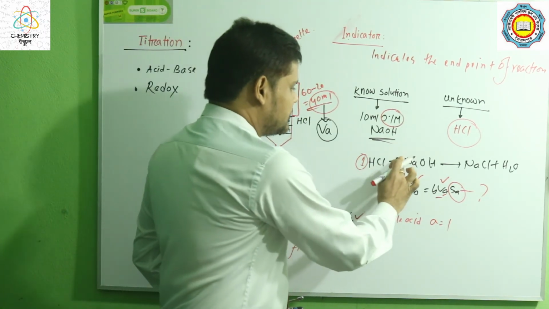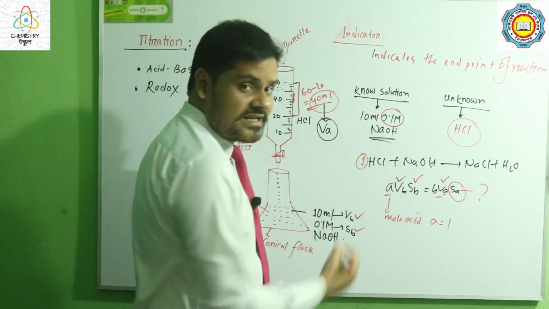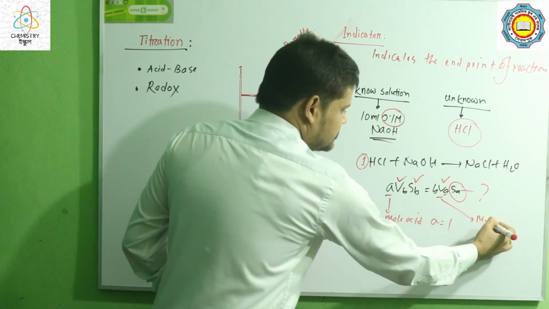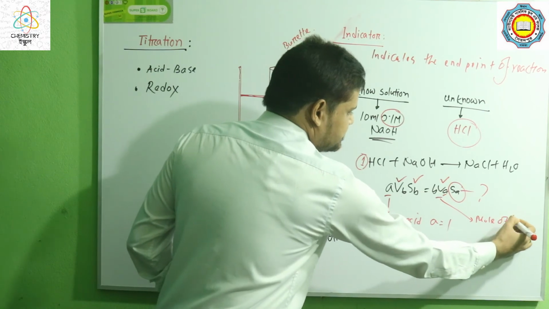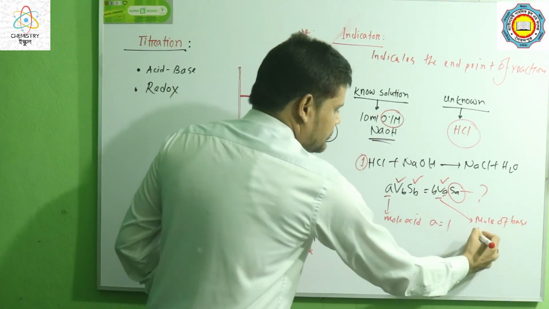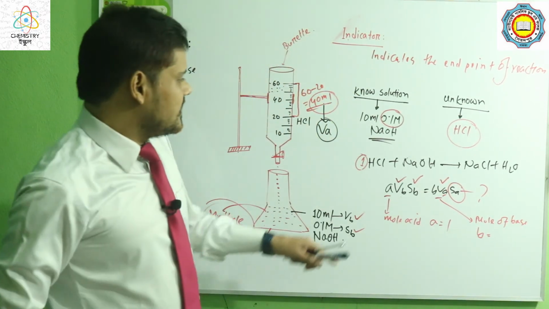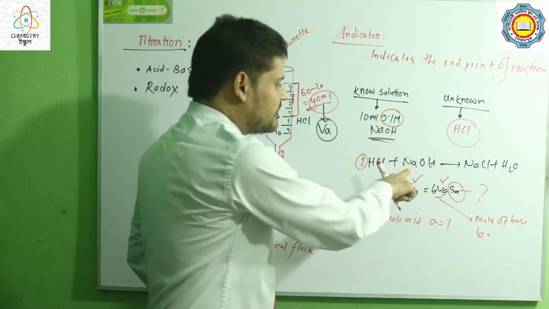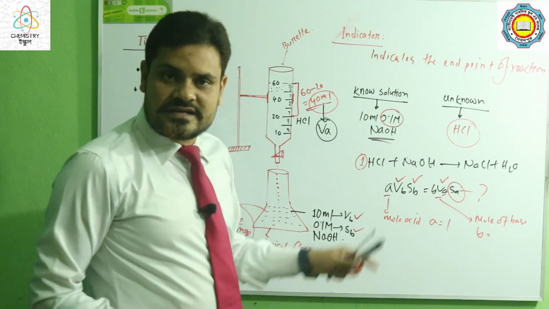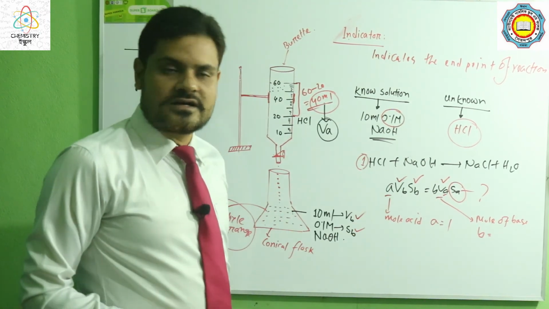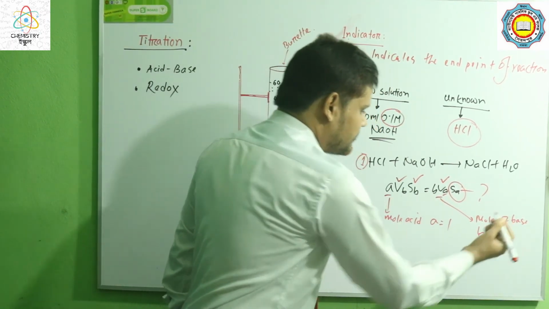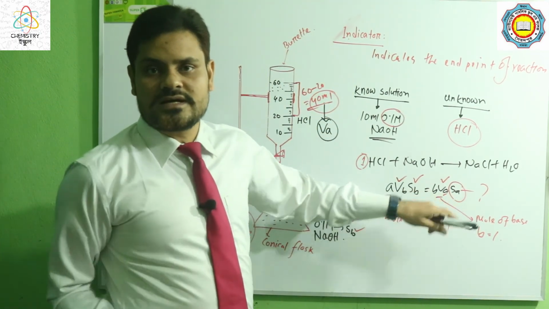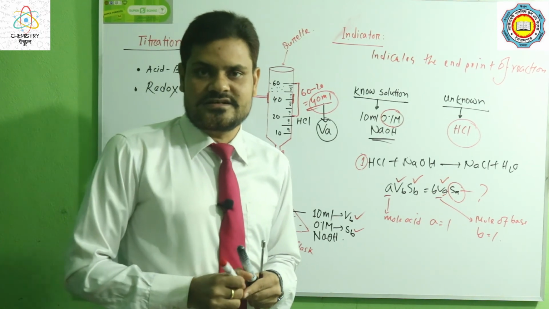And B is the mole of base from the reaction. From the equation we can see 1 mole of sodium hydroxide takes part in the chemical reaction, so B will be 1. Then we can easily get the value of the concentration of acid, dear learners.